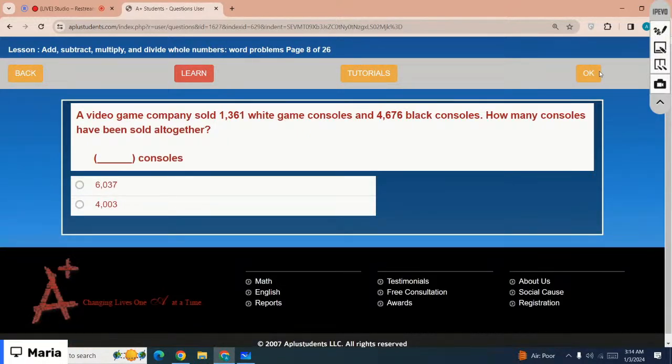A video game company sold 1,361 white game consoles and 4,676 black consoles. How many consoles have been sold altogether? So, which is the correct option?